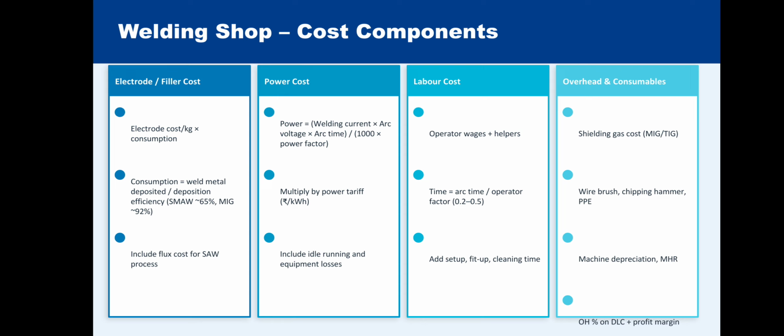The time is calculated as arc time divided by operator factor. Operator factor is within the range of 0.2 to 0.5, and add setup, fit up, and cleaning time. These are also included in the labor cost.